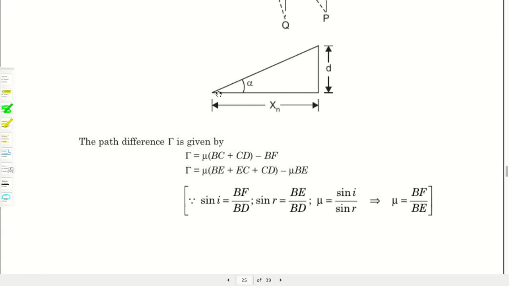That is the distance of the fringe, whatever it is, max or min, from the end point of the wedge shaped film is xn. We have to first find out xn, then we will evaluate xn plus 1, then we will subtract xn from xn plus 1, which will give you the fringe width.